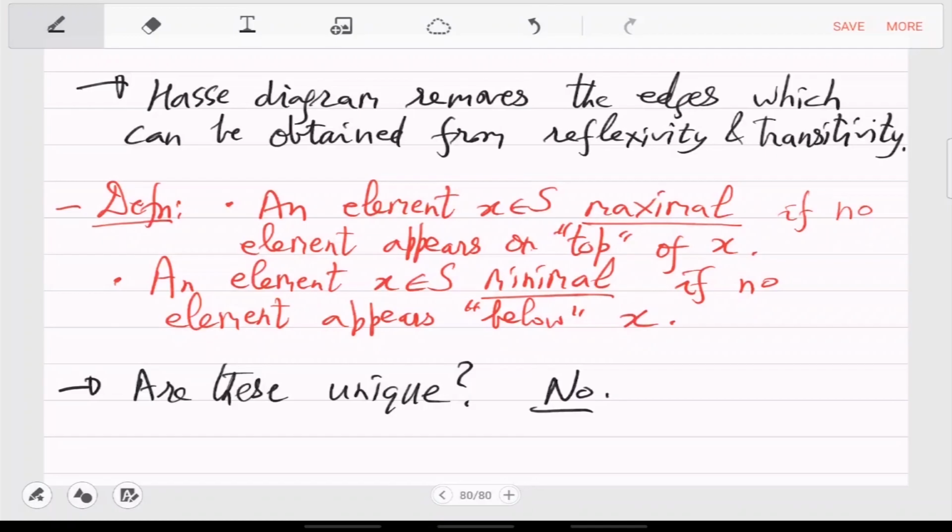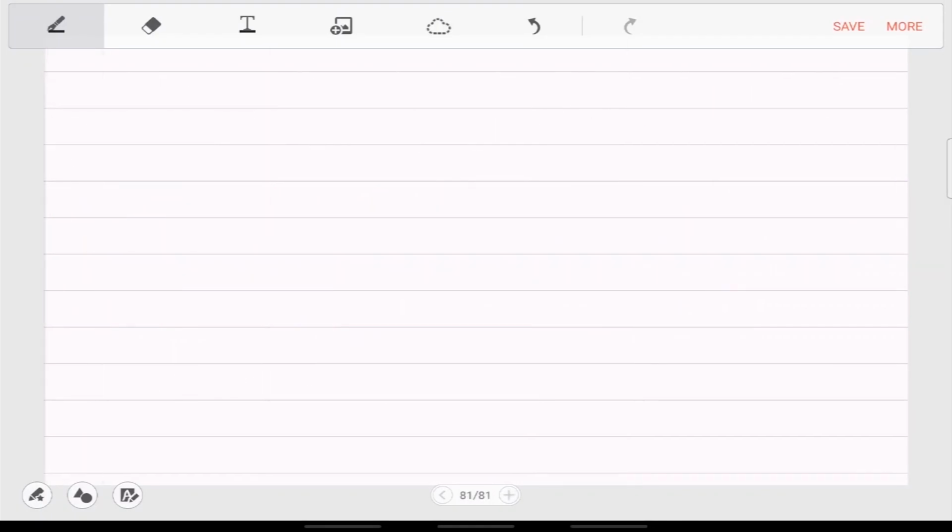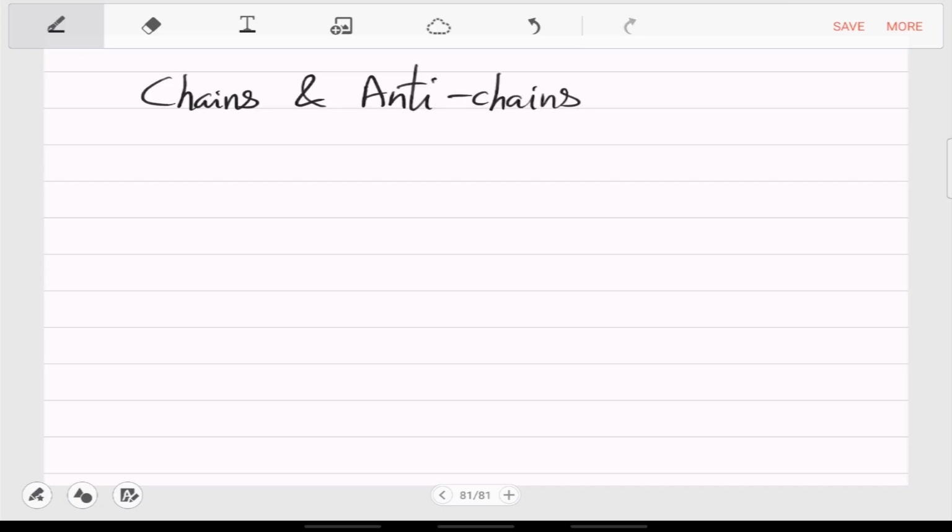So now we can move to some harder properties that will come with chains and anti-chains. So what is a chain in a poset?